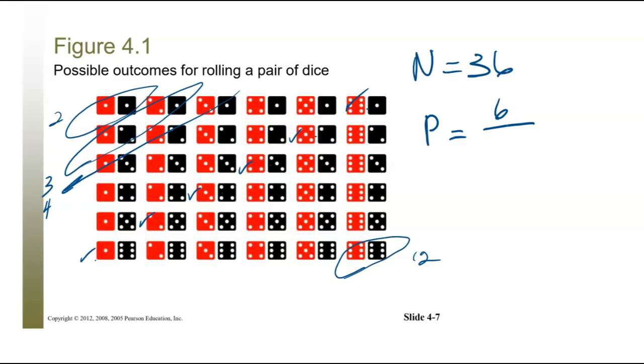There are 6 ways, right? 6, 1, 1, 6, 2, 5, 5, 2, 3, 4, and 4, 3. Out of 36, you have a 1 in 6 chance, which is 6 over 36. 7 is actually the most likely sum when rolling a pair of dice.